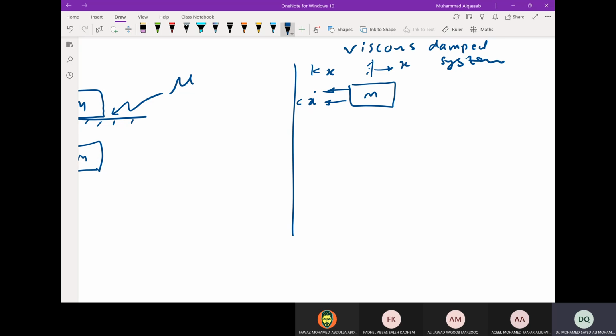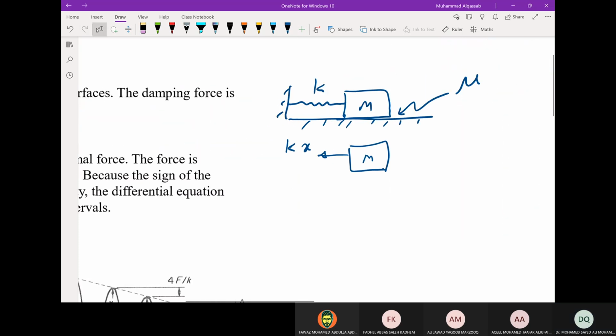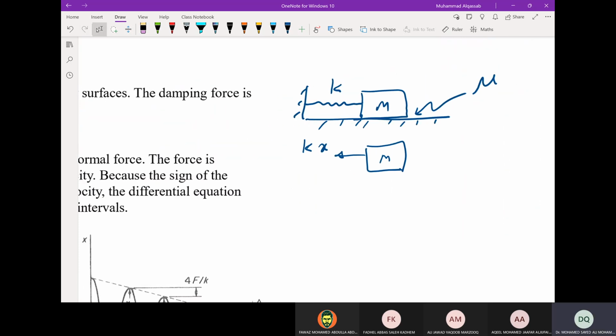And if the velocity is negative, then the direction of the force will change automatically, because it is multiplied by velocity. But here the friction force is not multiplied by velocity. We know it is always in the opposite direction of the velocity of motion. So it depends on the direction of motion in order to put the direction of the force. We have to adjust the direction of the force manually.